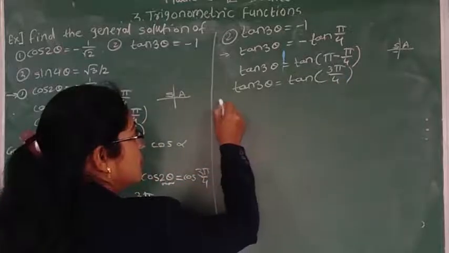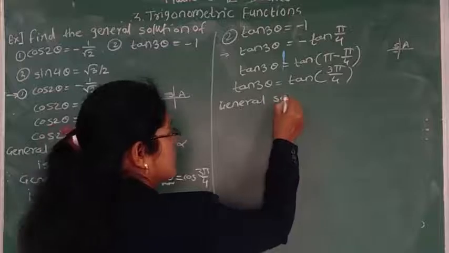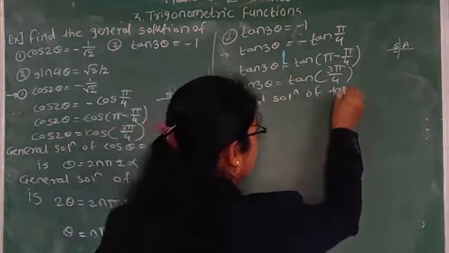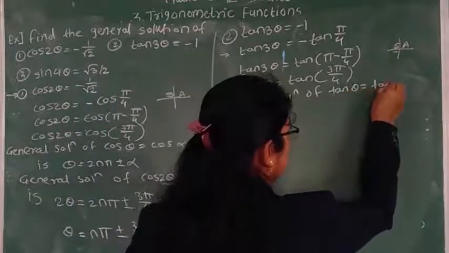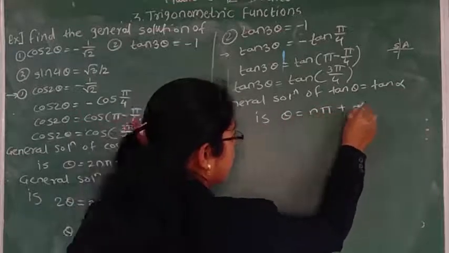So you know the general solution for this equation, general solution of tan theta is equal to tan alpha, is theta is equal to n pi plus alpha.